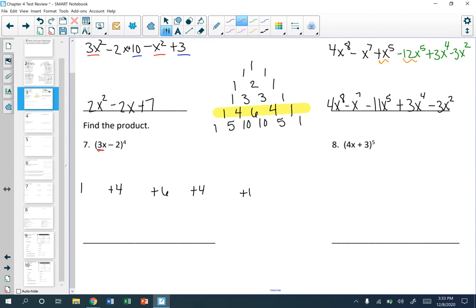Now my a term is 3x. So remember, I start with 3x to the 4th, coming from right here. And then it goes down by 1 each time: 3x to the 3rd, 3x squared, 3x to the 1st, and 3x to the 0.